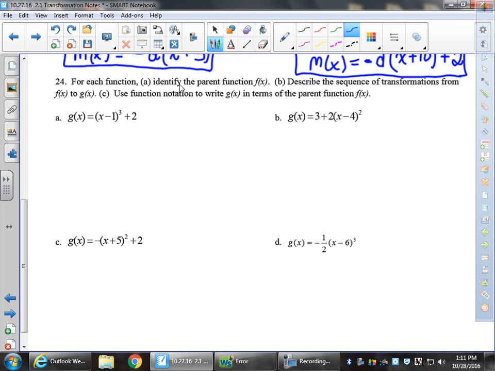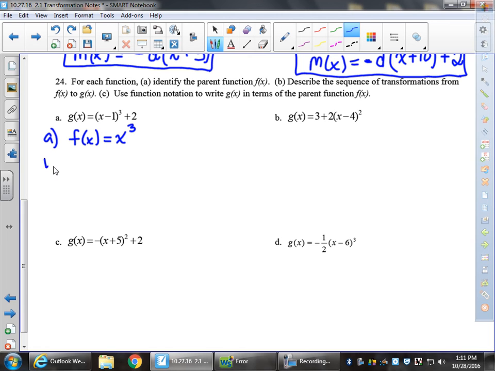When it says, identify the parent function, f of x, what that will look like in this first question, I see that I'm dealing with a function that's to the third power, which means my parent function f of x will be x to the third. That's my parent function for this question.